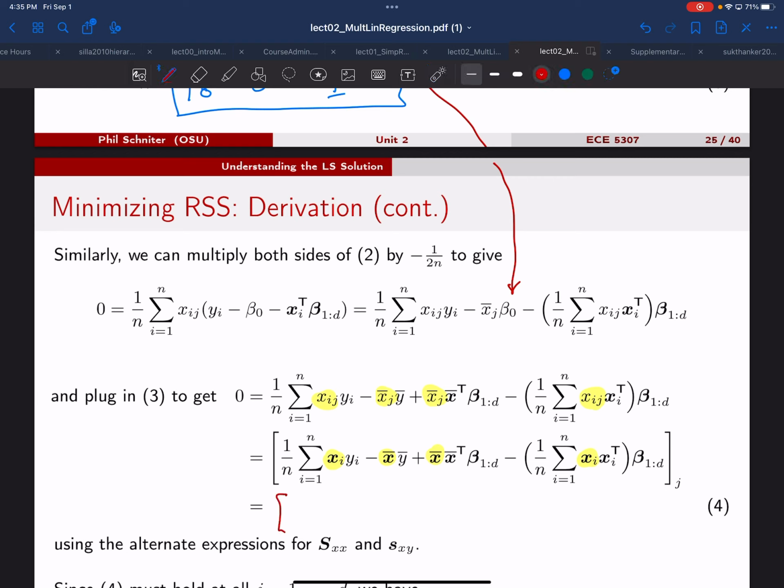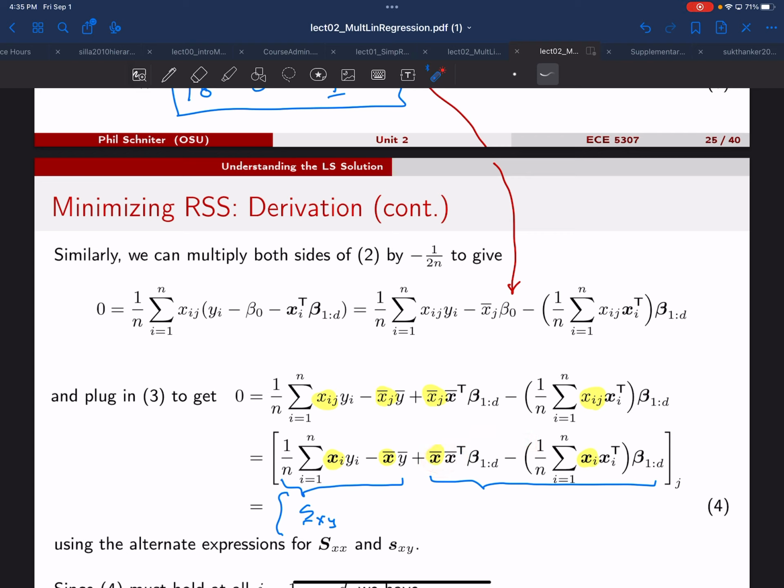So that is going to be the S vector xy. This is the cross covariance vector. That's what that is. And then the rest of this stuff, notice that they both have beta on the end, so I can actually move this inside those parentheses if I want.